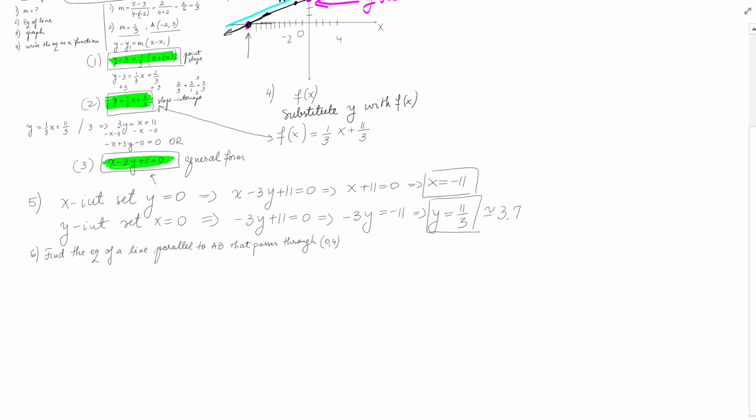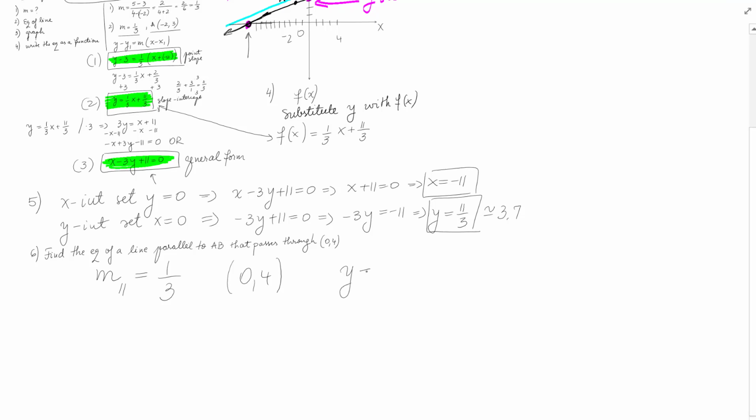How do we calculate it? Well, the line parallel to AB is going to have the same slope as AB. Now, looking at slope-intercept form, which is the one that we have as number 2, the slope would be 1/3. And the fact that it's passing through 0, 4 tells me to use the point slope form, or in this case also slope-intercept form, because 0, 4 is the y-intercept.